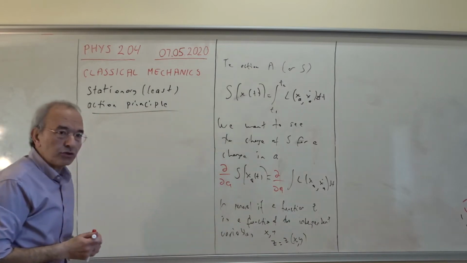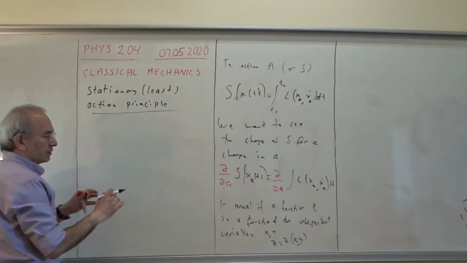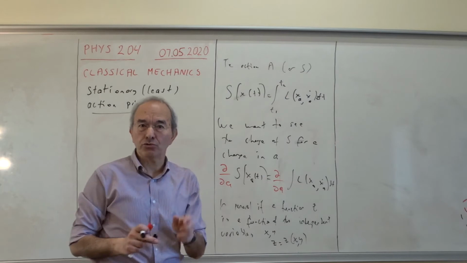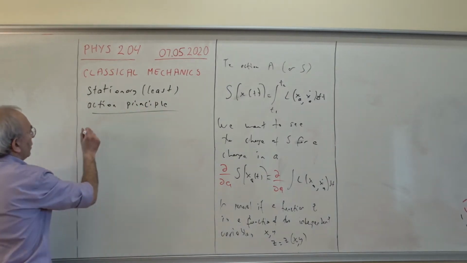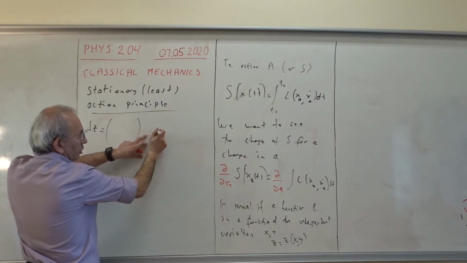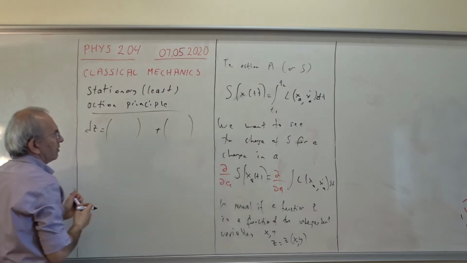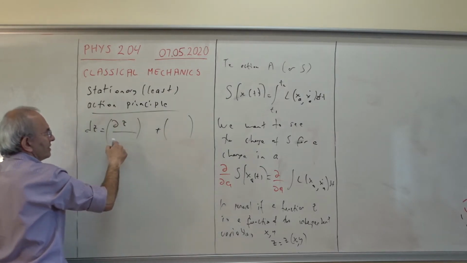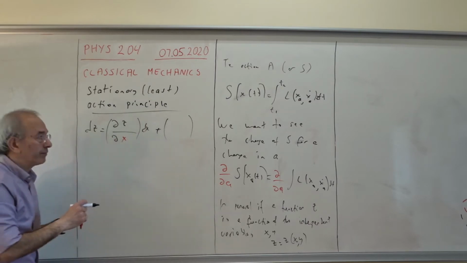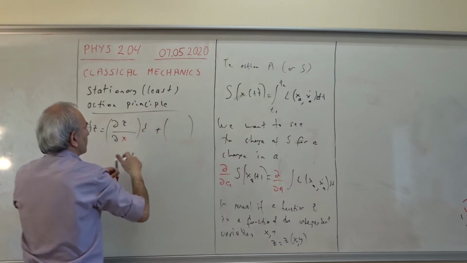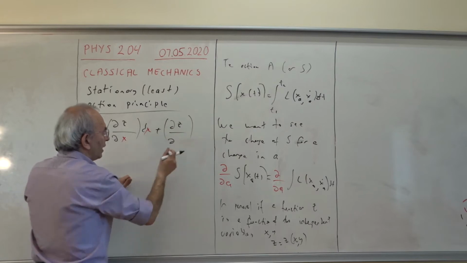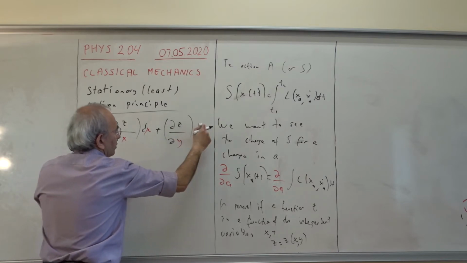Then what happens to z if both x and y change by a little amount? Then dz is del z by del x times dx, and del z by del y multiplied by dy.